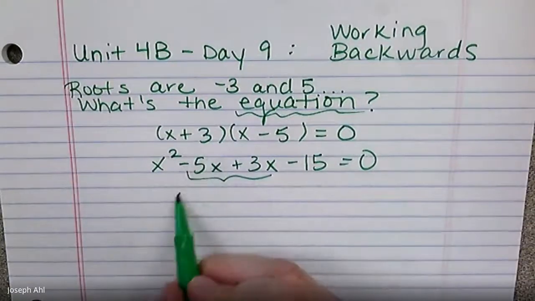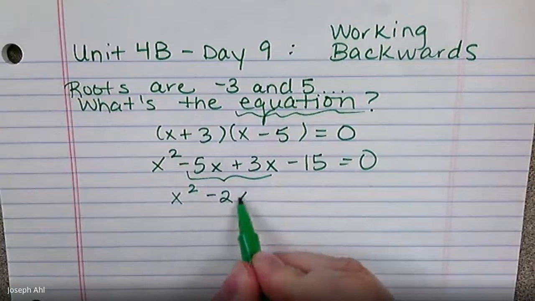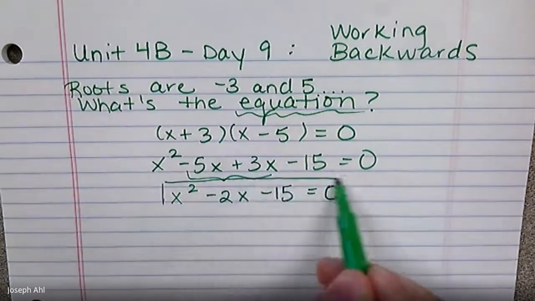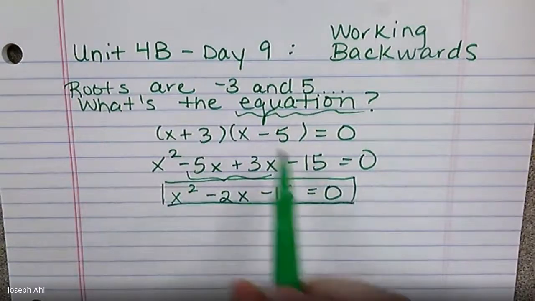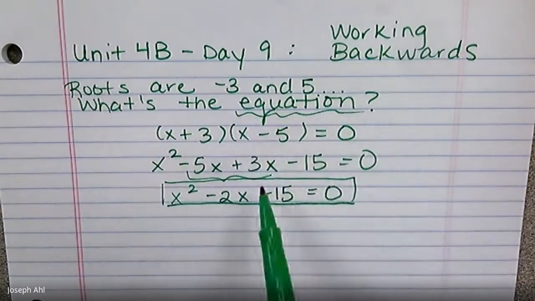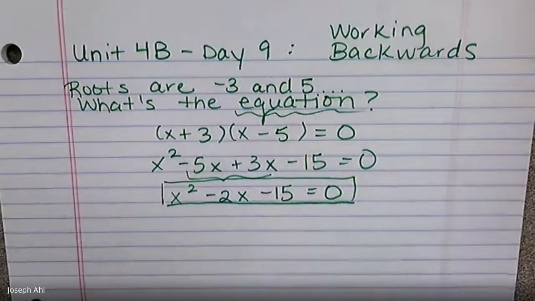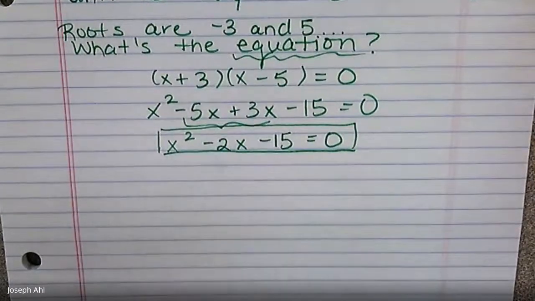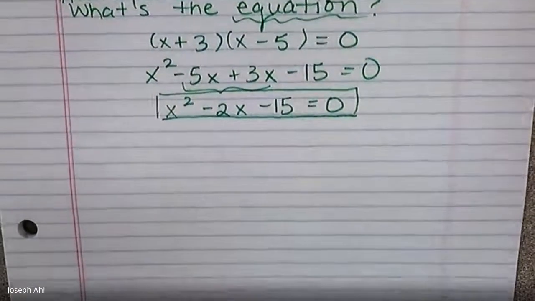Combine those terms in the middle to get x squared minus 2x minus 15 equals 0. And of course, we can go to the calculator right now and double check that it crosses at -3 and 5. We could hopefully factor that again and get back to where I just was a second ago. That equation of this quadratic right here gives you roots at -3 and 5.